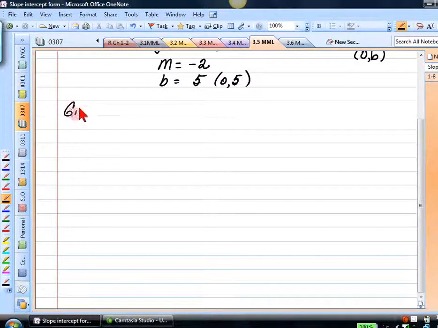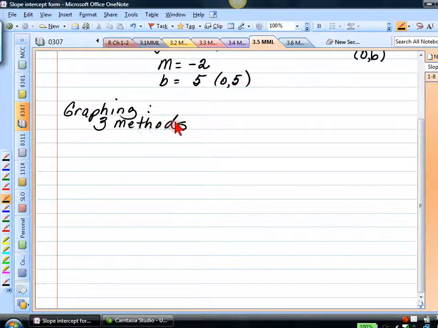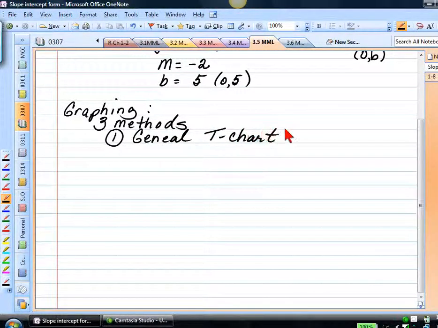All right, graphing. A little bit of review. We have had 2 methods, but we're going to end up with 3 methods. Number 1, a general T-chart. When I say general, I mean you draw a T-chart and you pick anything you want for x or for y, you find its partner, and you plot the points. General T-chart.